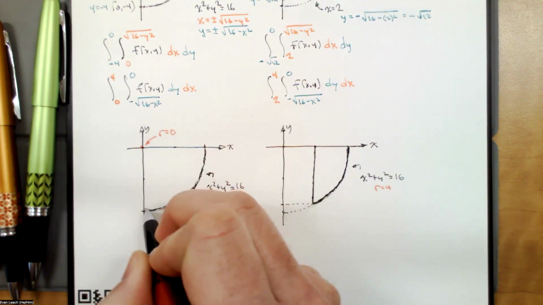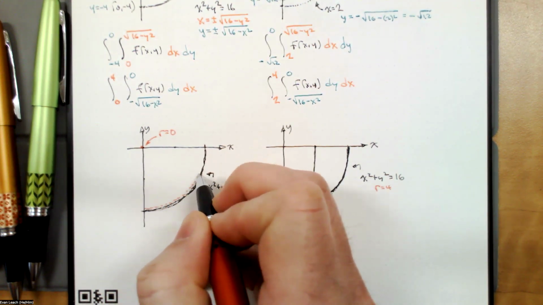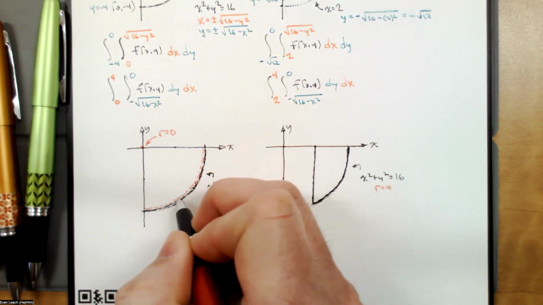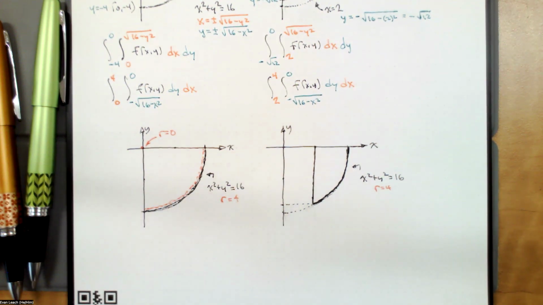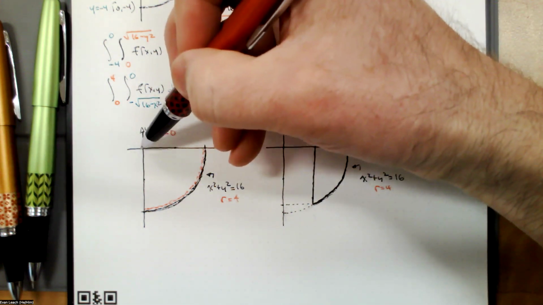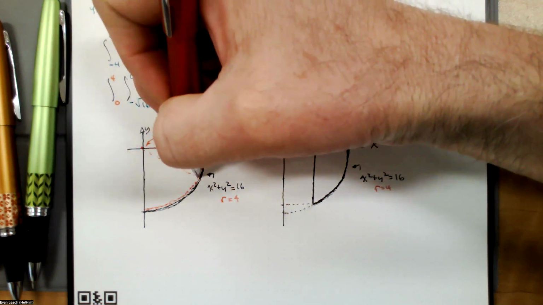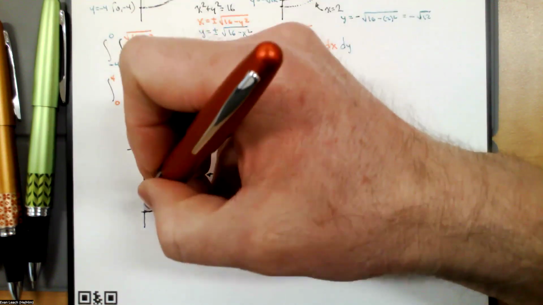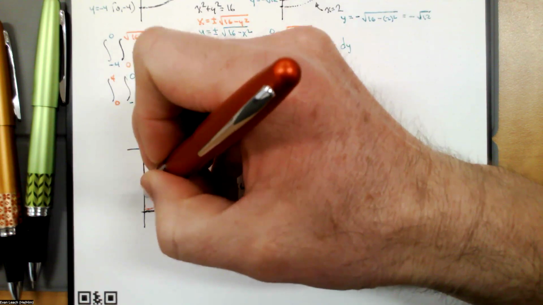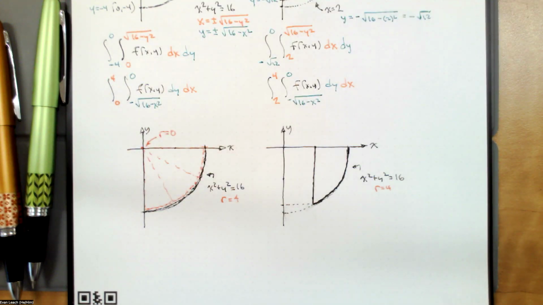And this whole quarter circle is where r is equal to 4. So when we say r goes from 0 to 4, we're starting at 0 and going out to 4 along this line, and along this line, and along this line. That's where r is going from 0 to 4. But r is always going from 0 to 4.